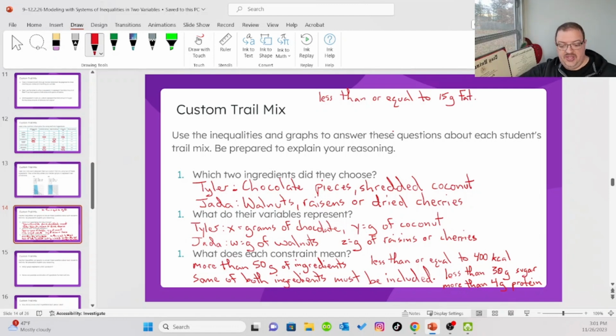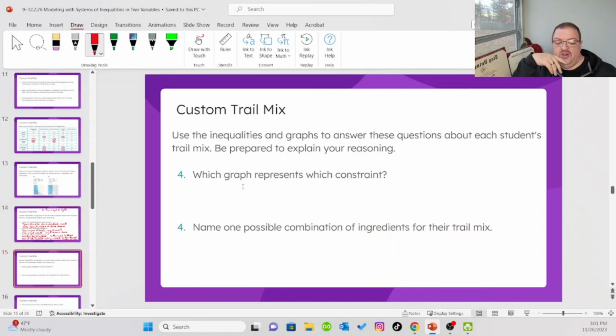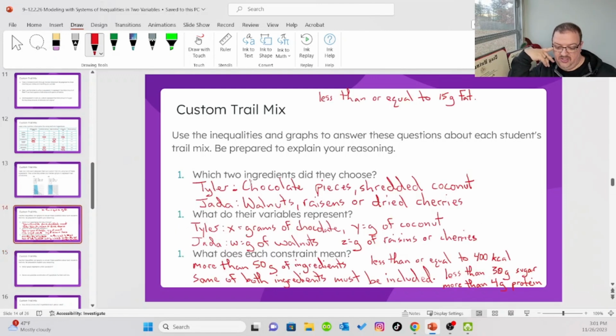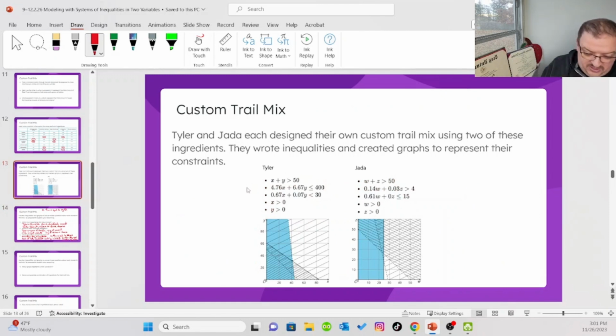So that's what the constraints tell us. Which graph represents which constraint? So if we look, we can see x and y must be greater than 50.